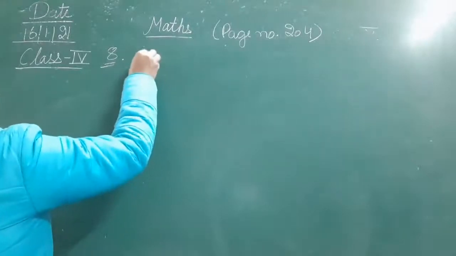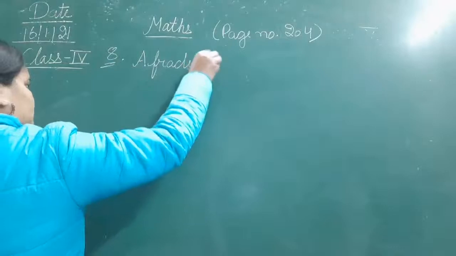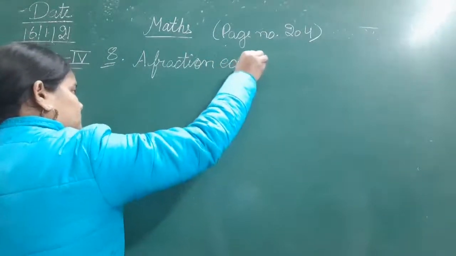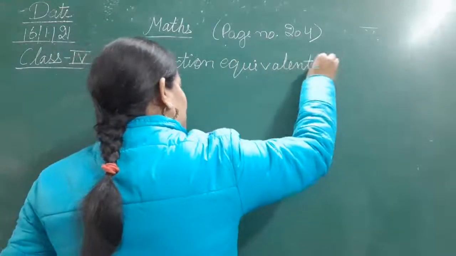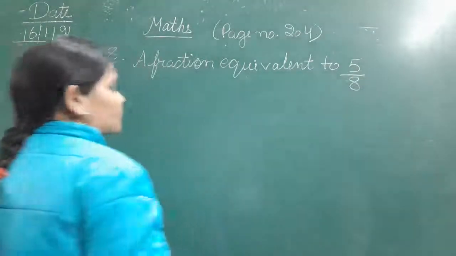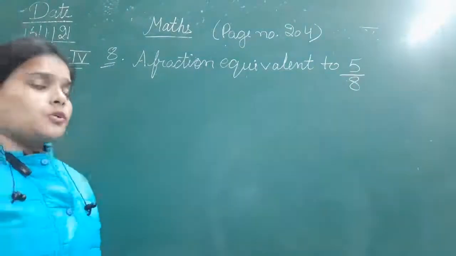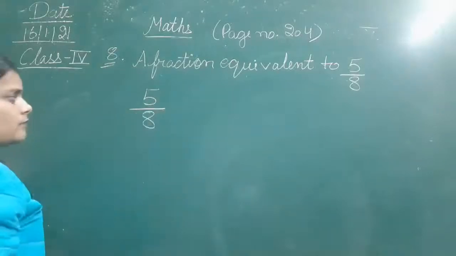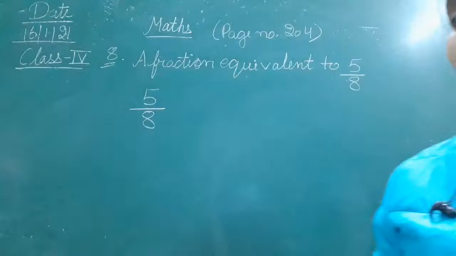A fraction equivalent to 5/8. To make a fraction equivalent to 5/8, we have to find a fraction that is equivalent to 5/8.